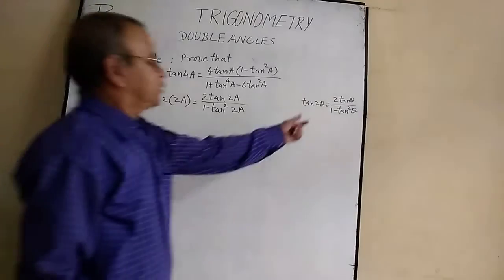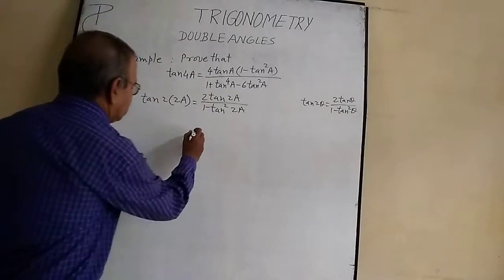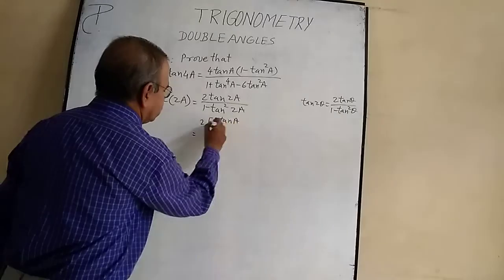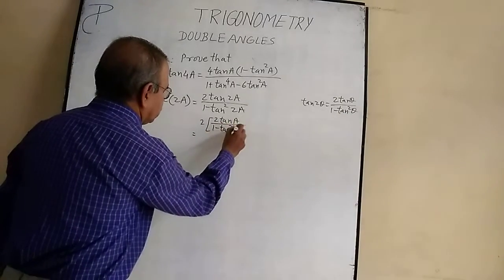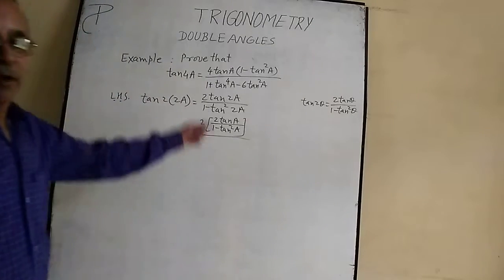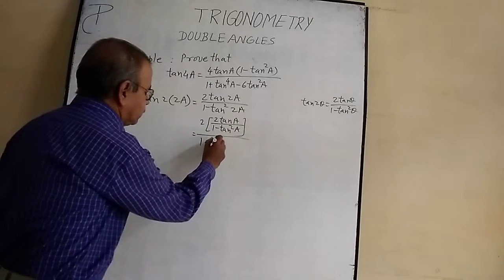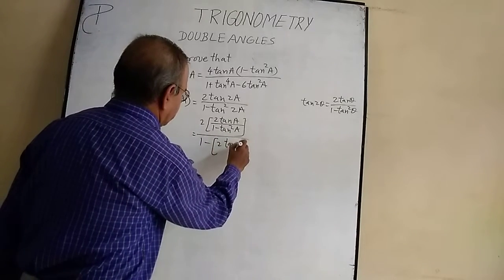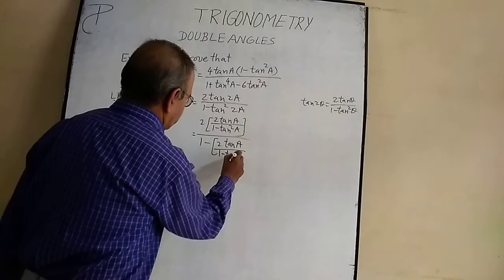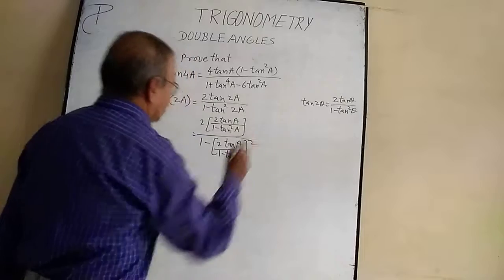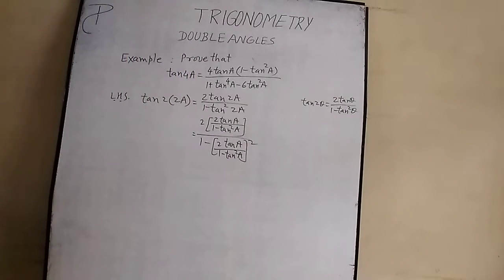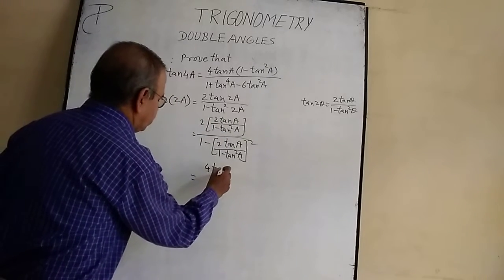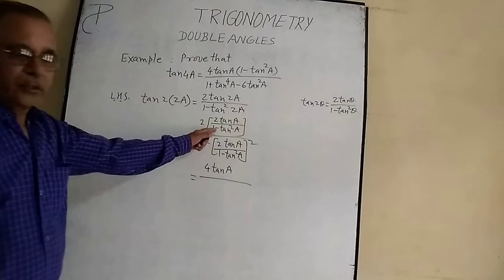Here again I apply this tan 2 theta formula in the numerator and denominator. So 1 minus 2 tan a upon 1 minus tan square a, whole square, and therefore we will write here 2 into 2 is 4 tan a upon this numerator.